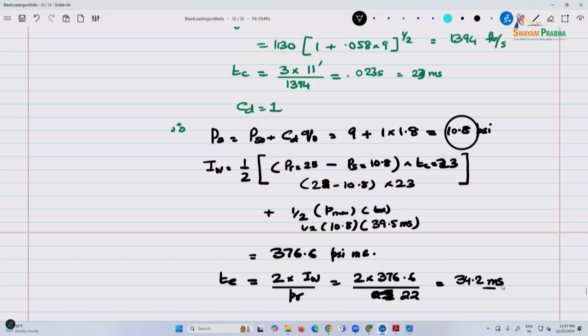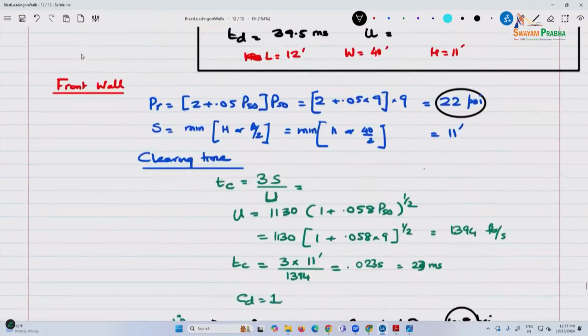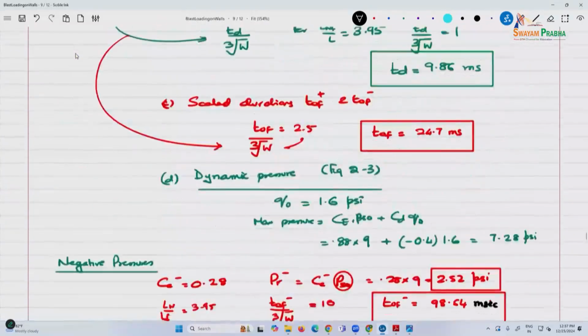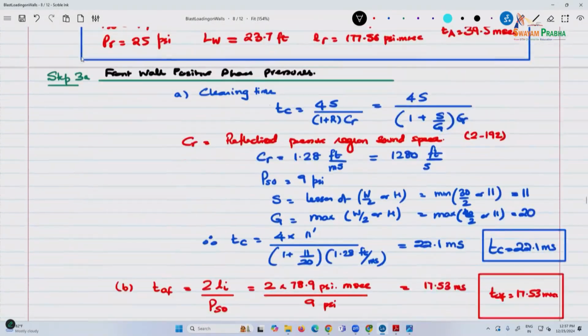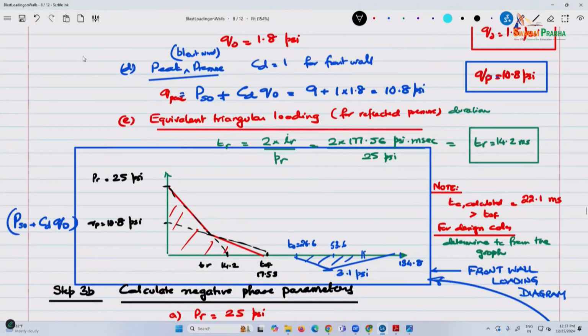And we've seen how the front wall loading looks. So if you compare some of these, the PS is 10.8. Front wall loading, we have that. PR was 22. This was 25.